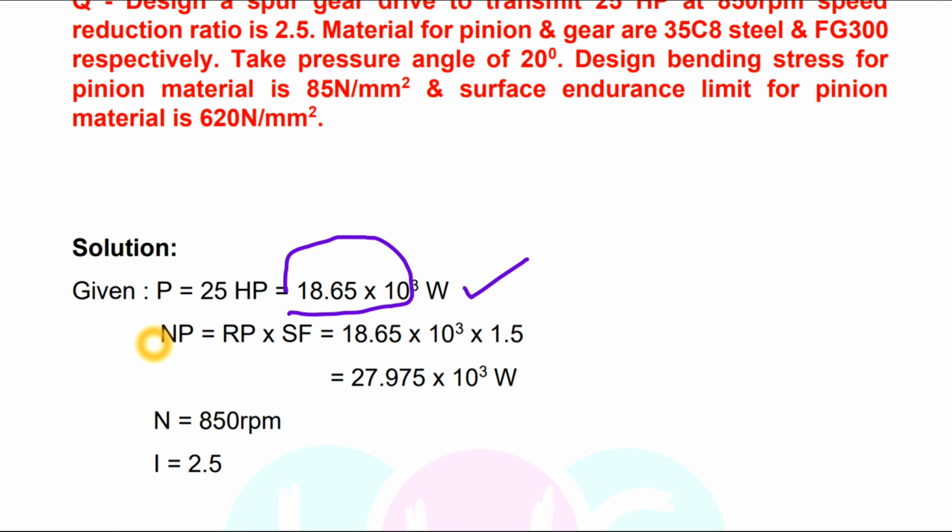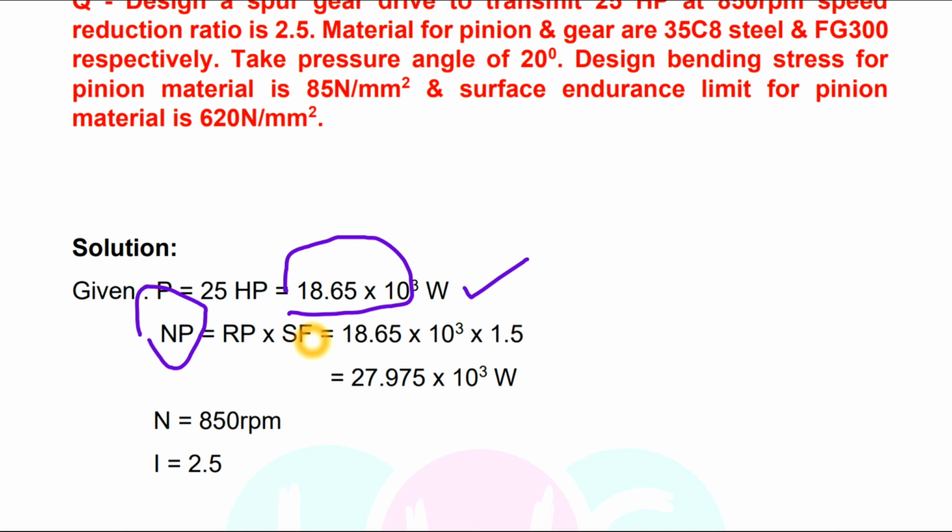So now we will find the nominal power. To find the nominal power, there is a formula which is rated power into service factor. So rated power we got 18.65 into 10 raised to 3. For service factor we will here assume medium duty, which has value 1.5. For light duty the value is 1.2 and for heavy it is 2.5.